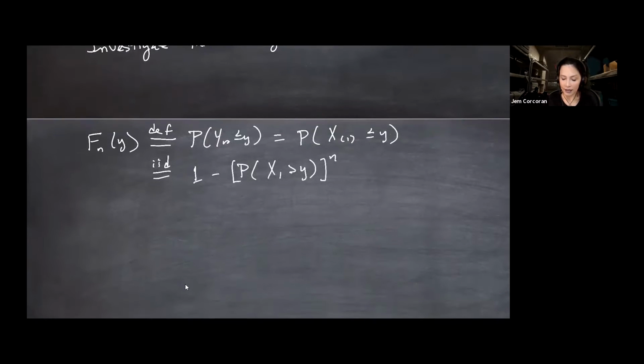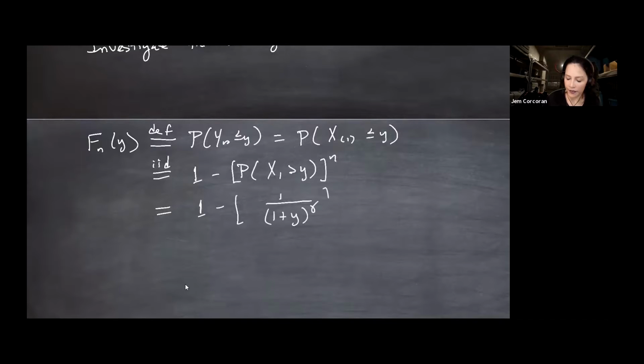And yeah, this is a Pareto distribution. So we wrote down the CDF last time, and now I'm going to use 1 minus that CDF, which is 1 over 1 plus y to the gamma, to the n. So I'm rushing a little bit, like not writing out the CDF.